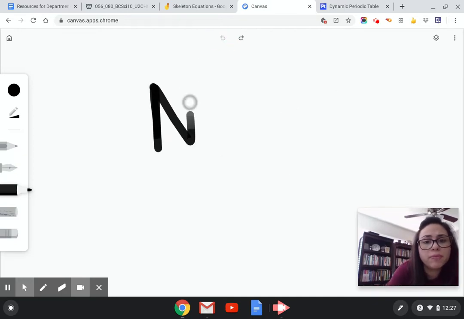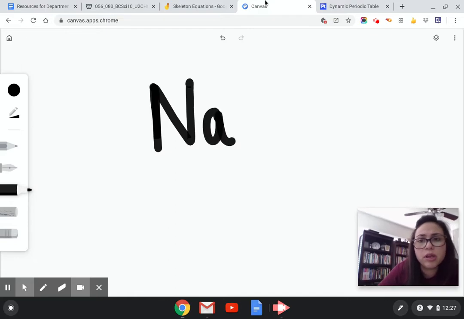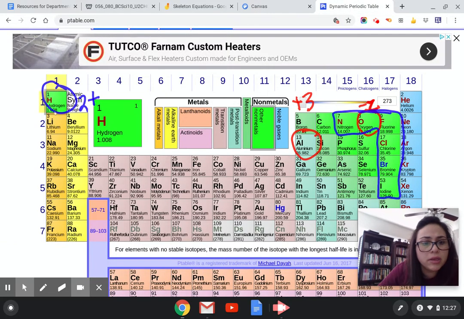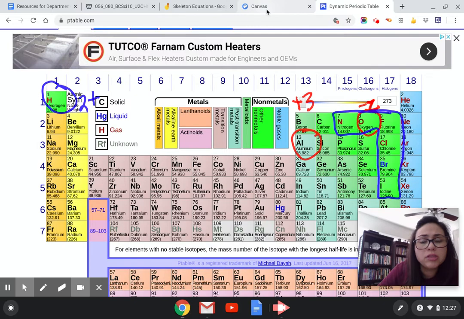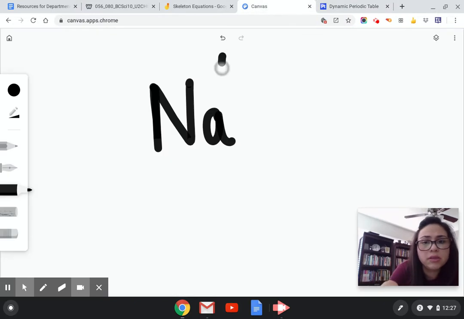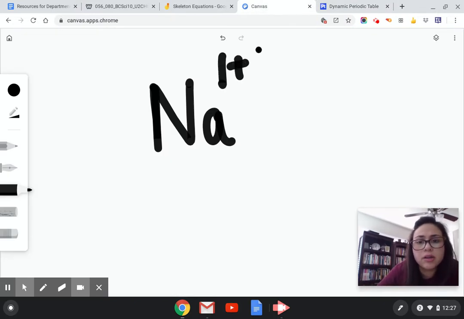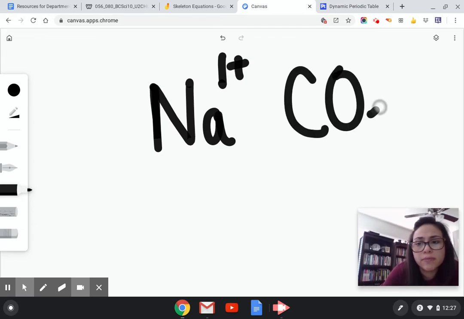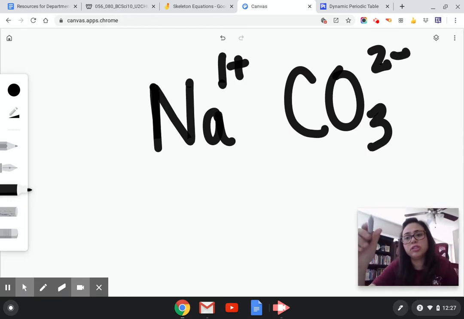So we're going to do sodium carbonate. Sodium is an easy one. We know sodium belongs to group 1, so that's going to be a +1 charge, or 1 plus. So we'll go ahead and put that there. And now carbonate is CO3, 2 negative. Now look at the charges, because that's what drives if we're going to have to crisscross or not.